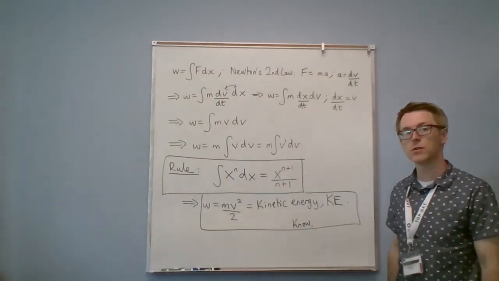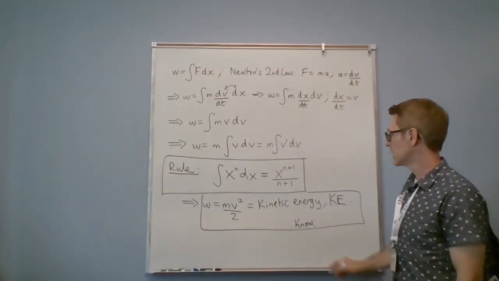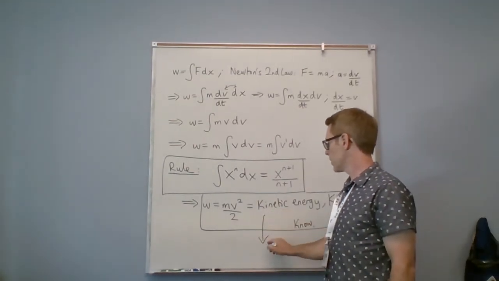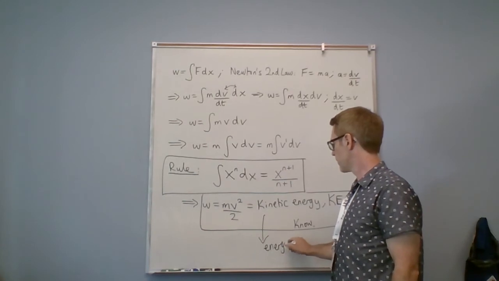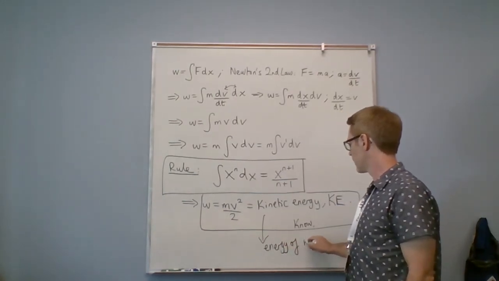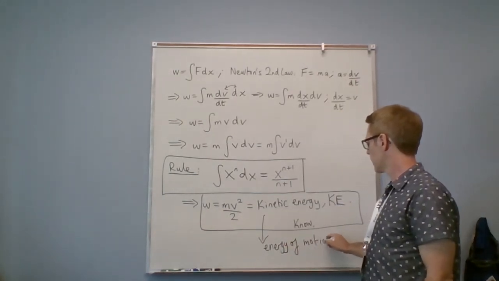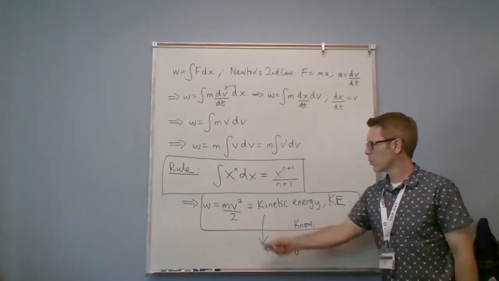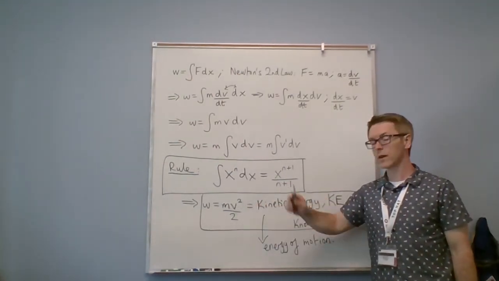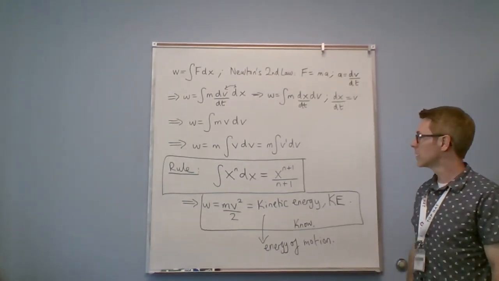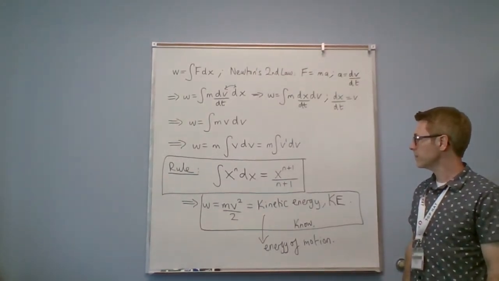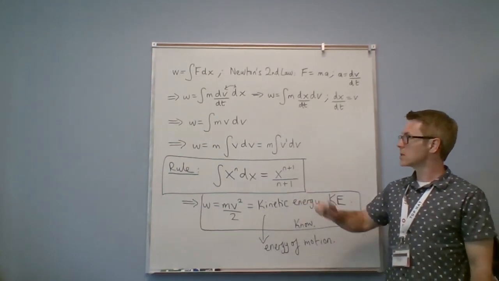This is definitely going to be useful moving forward in chemistry. And you may or may not know that kinetic energy is the energy of motion. You can see it in the equation. We've got an object with a mass that's moving with a velocity. So anything that moves has kinetic energy. And this is the origin of kinetic energy.